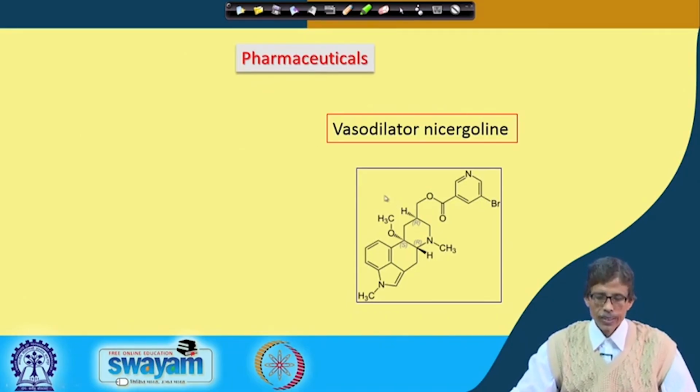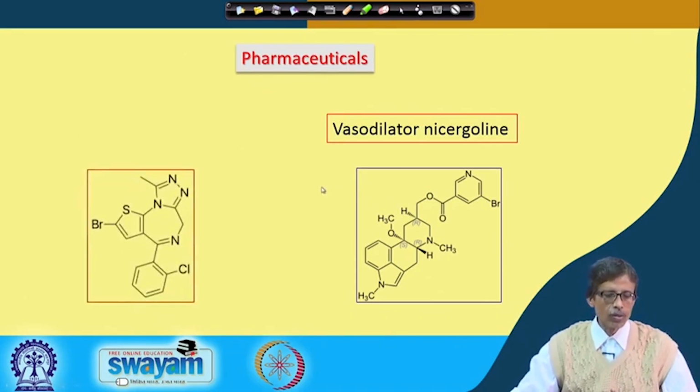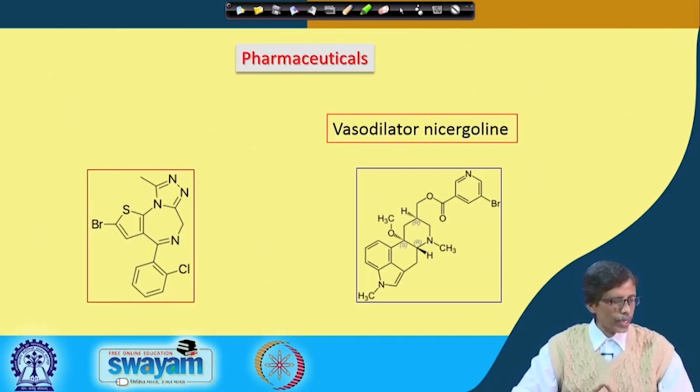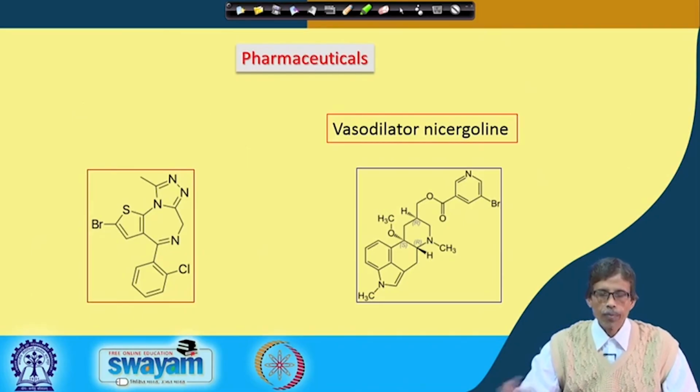we can go for its bromination. One more example we can have, and again it is a little bit complicated molecule, but forget about the complication of the pharmaceutical structure. We are only focusing our attention on the brominating part.